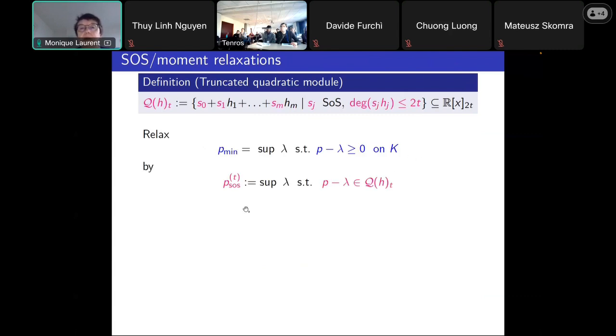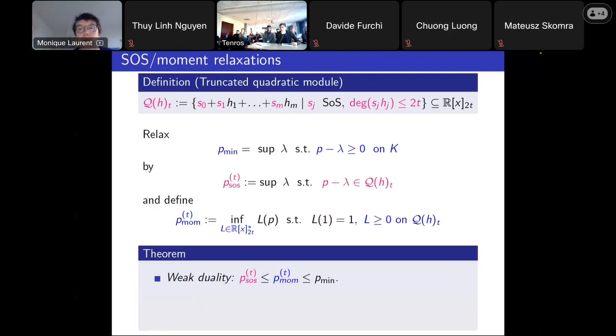And then we define the SOS bound of order t as the largest lambda for which p minus lambda lies in the quadratic module truncated at degree 2t. So in this way, we find a lower bound, p sub t, on the minimum of p. And let's immediately look at the dual bound.